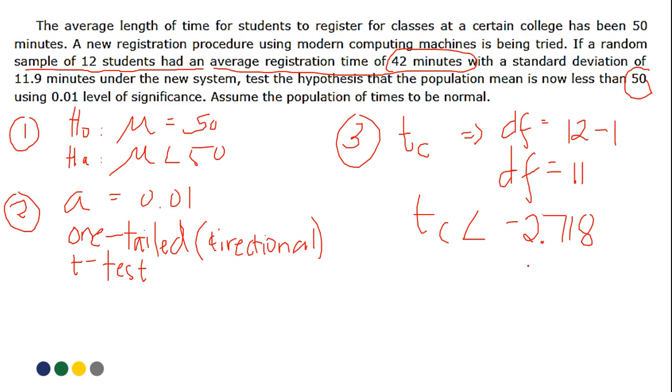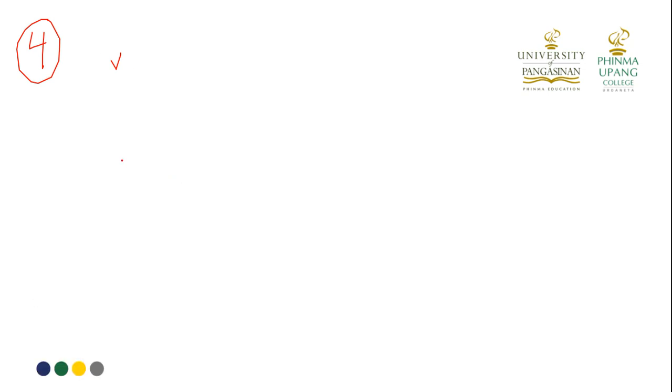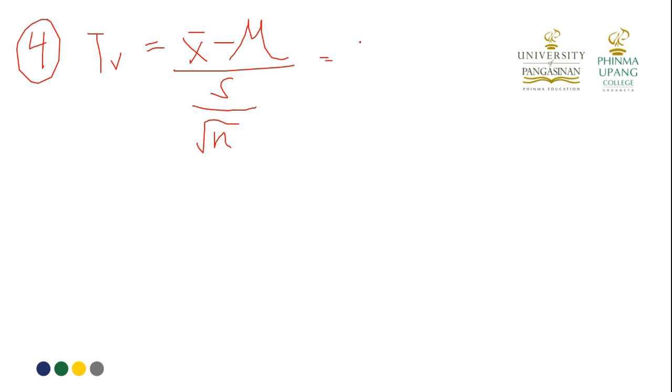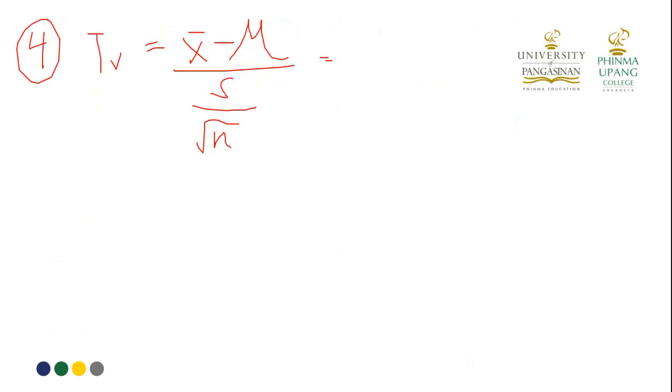So we already know the value of the critical region. Let's move on to number 4, the t value, the same as the z value in terms of the formula or way to compute it. It's x bar minus mu all over s, since the standard deviation is unknown, so we use the sample standard deviation and the value of n. Earlier, the sample mean is 42, so we use 42 as our x bar minus the mu.